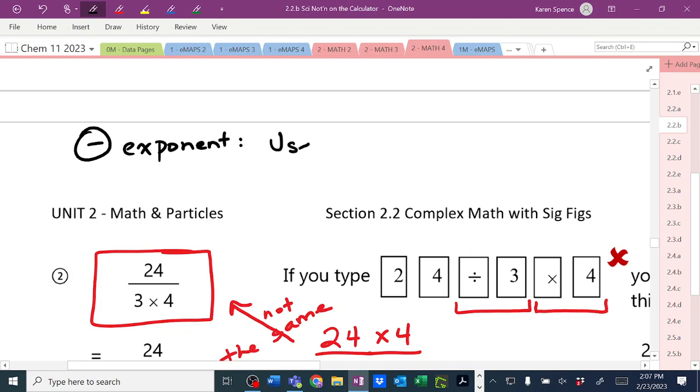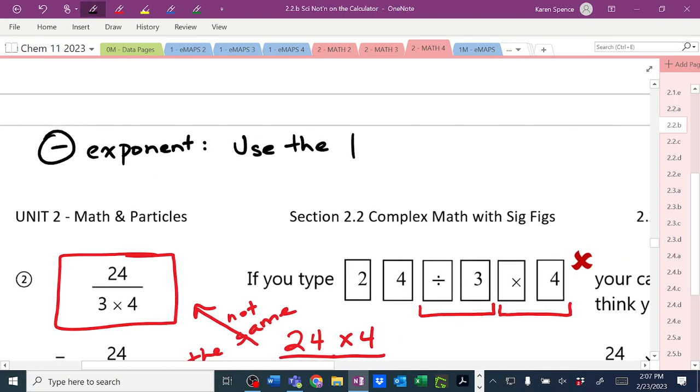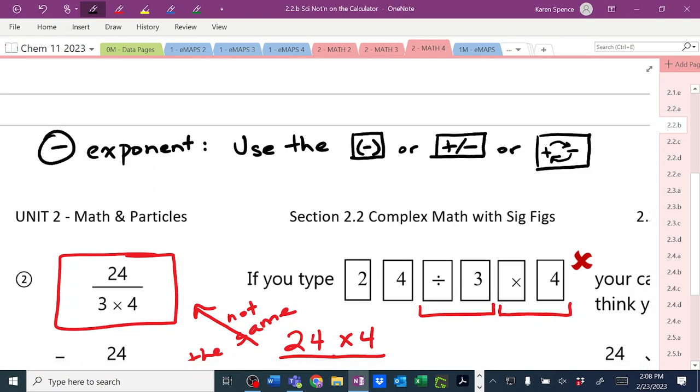You are going to use the negative key, which on your calculator might also look like this, plus minus. Every once in a while, there's a weird calculator that has a little plus and a little minus, and a little switchy arrow. You will have one of those on your calculator. That is the negative button.